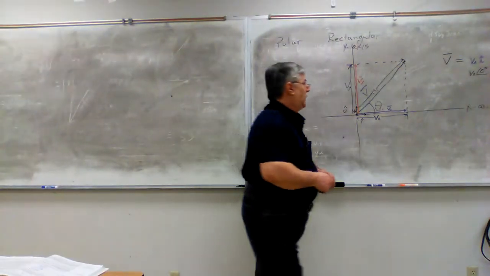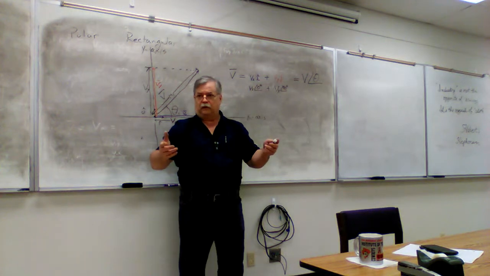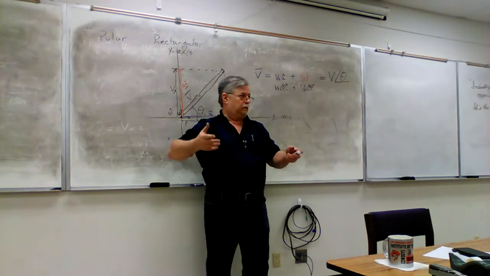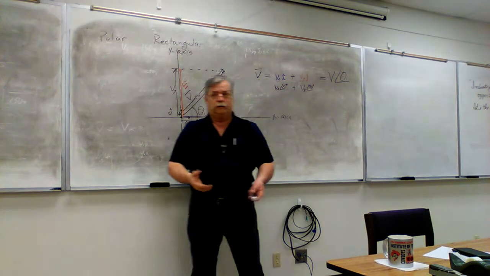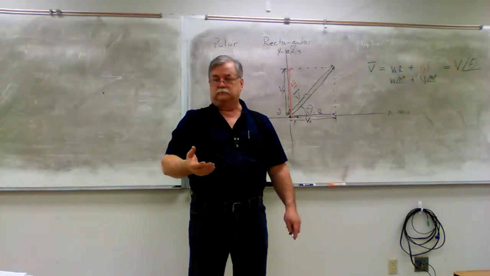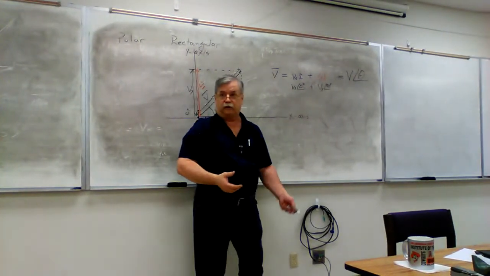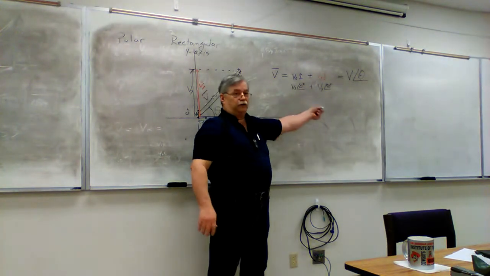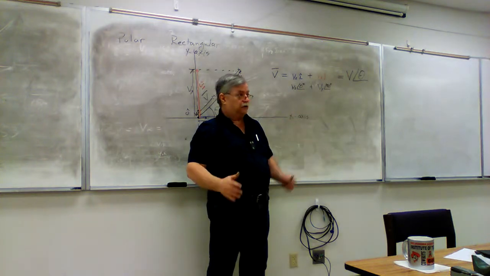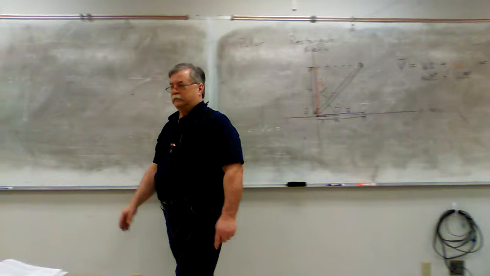So, when you have a vector in polar coordinates, you will have a magnitude and an angle. When you have a vector in rectangular coordinates, you will have two magnitudes that are understood to be perpendicular. Okay?